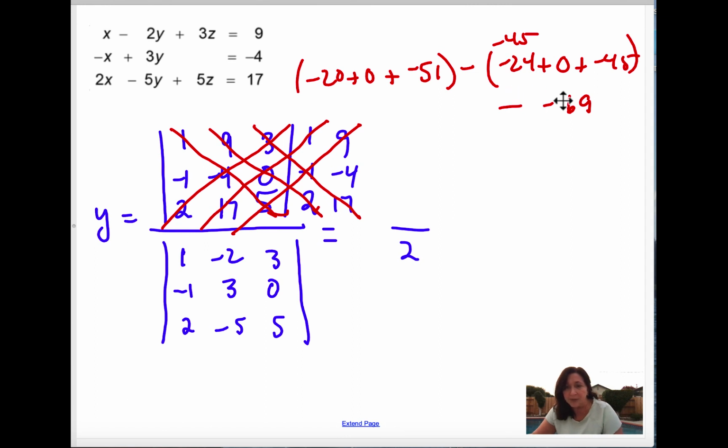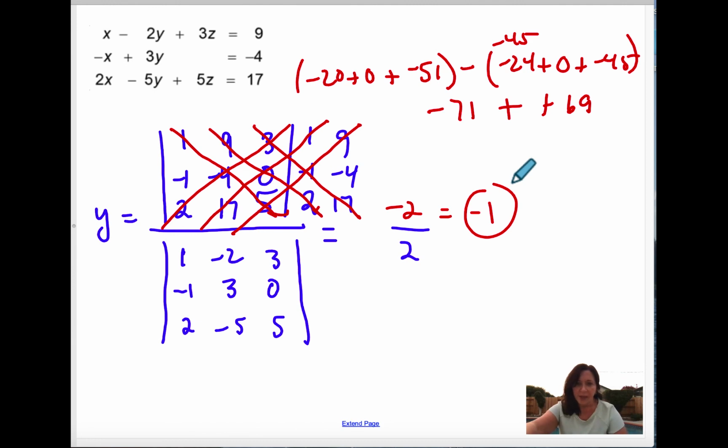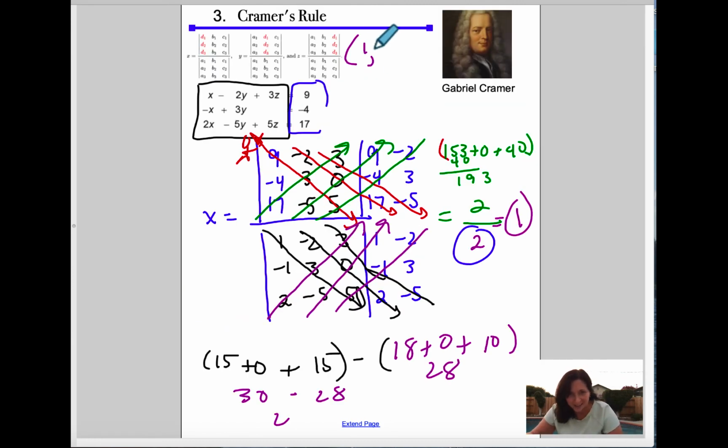Minus negative makes plus. And then negative 20 plus negative 51 is going to be negative 71. So negative 71 plus 69 is negative 2, which makes negative 1. So y is negative 1. So I can go back to this part and say, okay, there we go, negative 1.